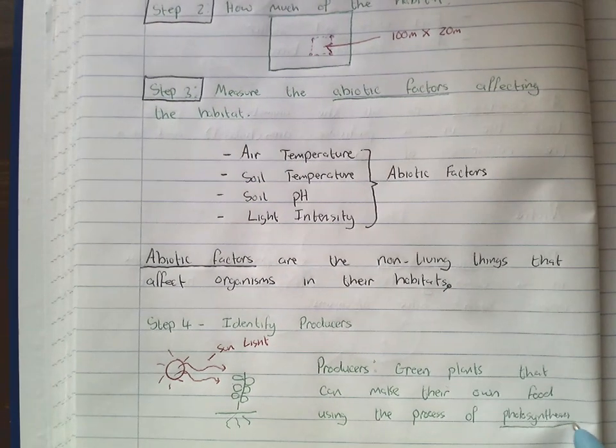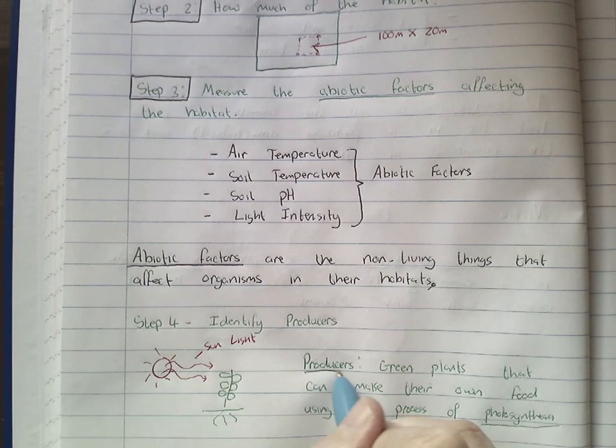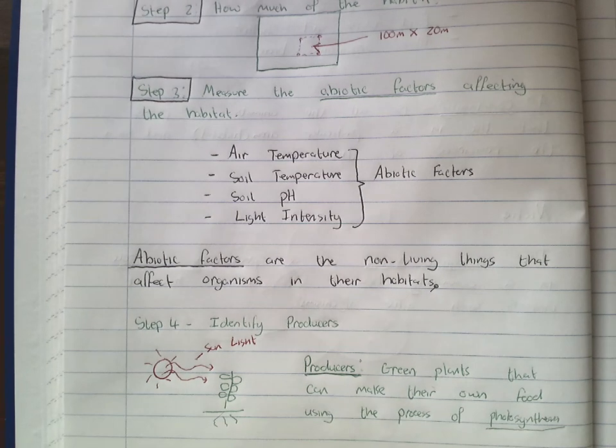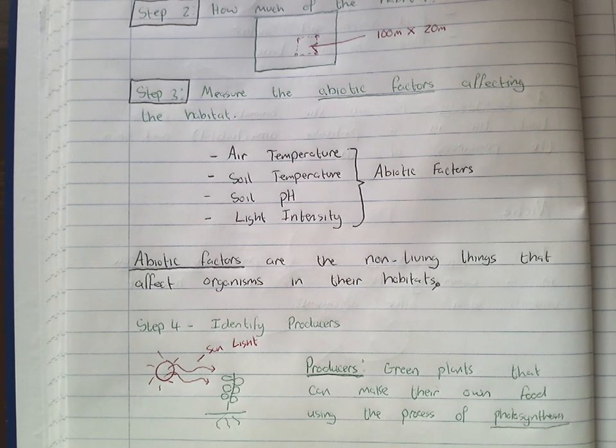Okay, so the process of photosynthesis. So this is the definition of what these things that we call producers are. So basically they're green plants.